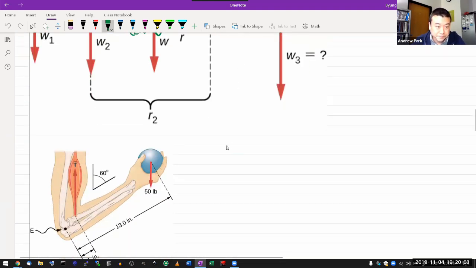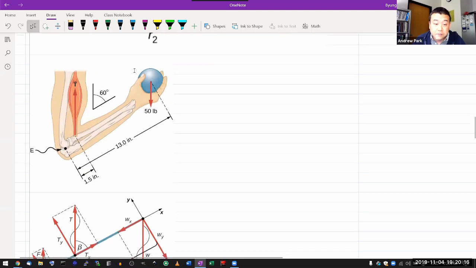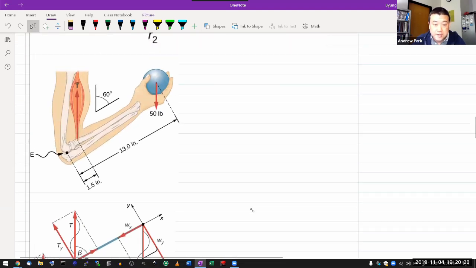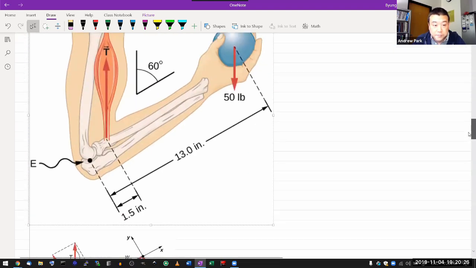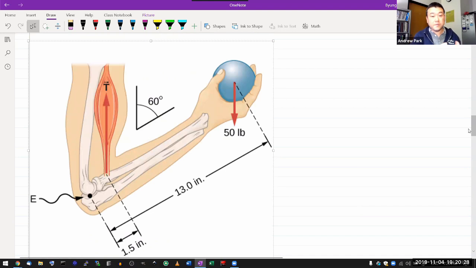Now, the wonderful thing about the static equilibrium situations we cover in chapter 12 is that sometimes they can get very complicated. So this is one of those examples. It's an example of a biomechanical motion that is relatively simple to describe. You're describing someone lifting a ball, but there's a lot of force involved here.